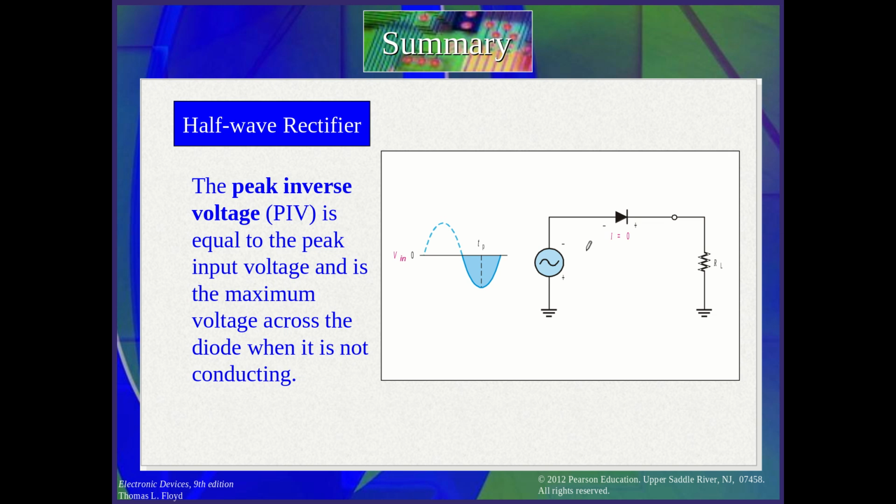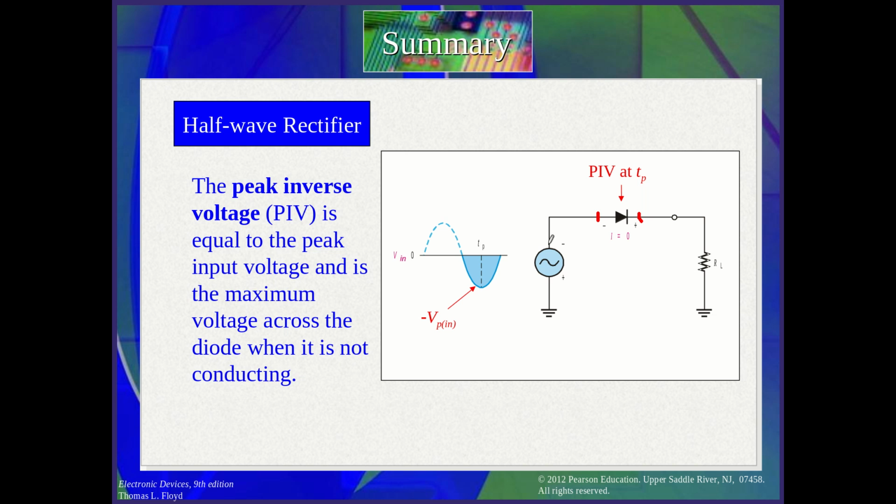So what is the maximum voltage across the diode when it's not conducting? When it's not conducting, there is a voltage across the diode, but there is no current, so the R will not see anything, like a cut here. Okay, so this is the definition of peak inverse voltage.